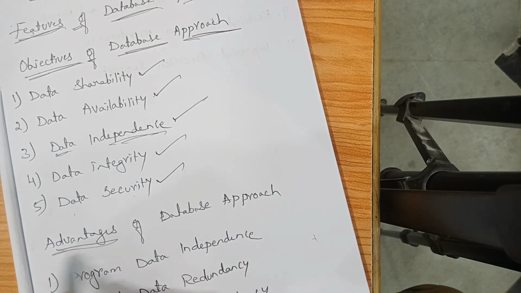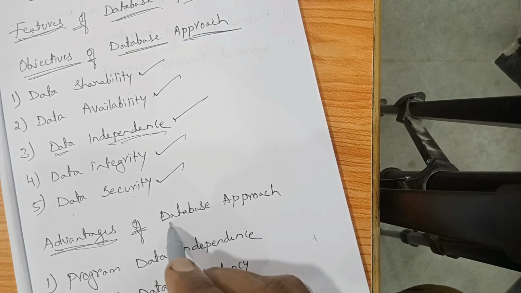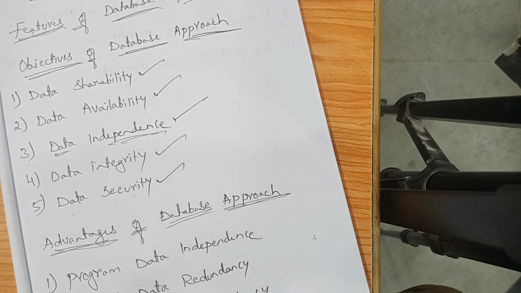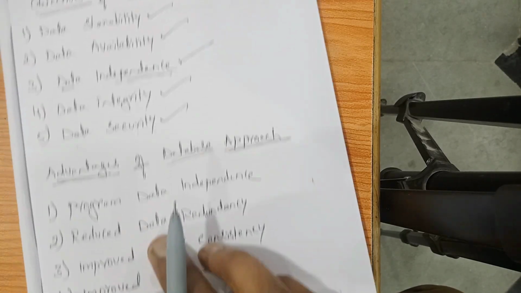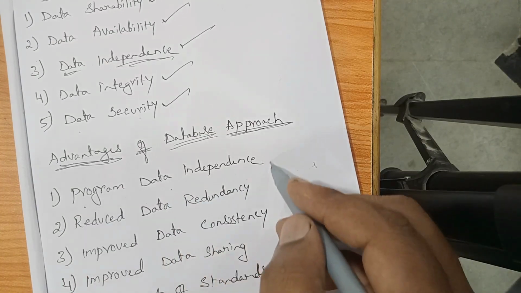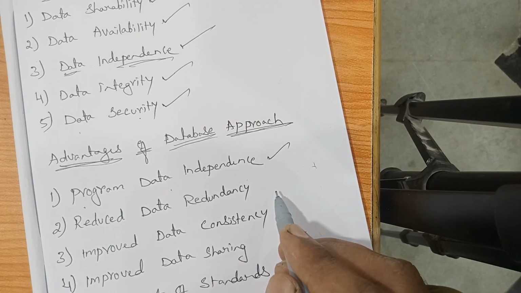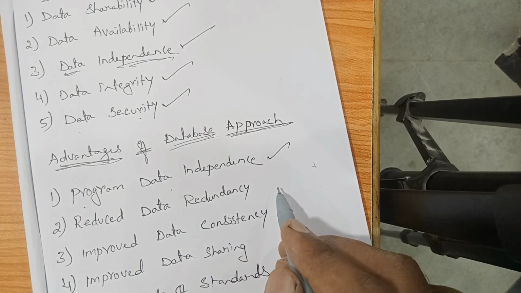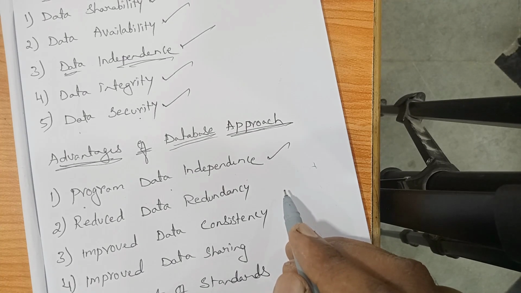After data security, there are the advantages of the database approach. What are the major advantages? The first is program data independence. What is program data independence? Program data independence can be defined as the separation of metadata, the data description, from the application program.